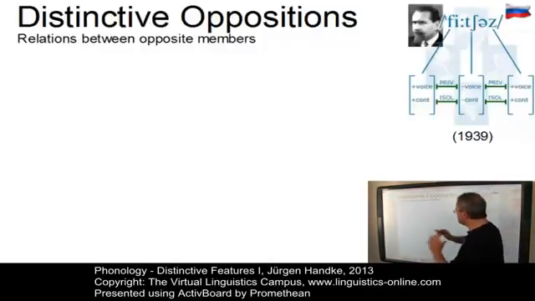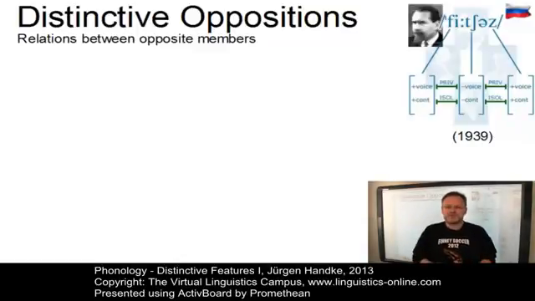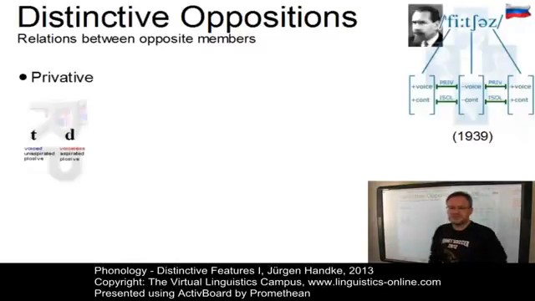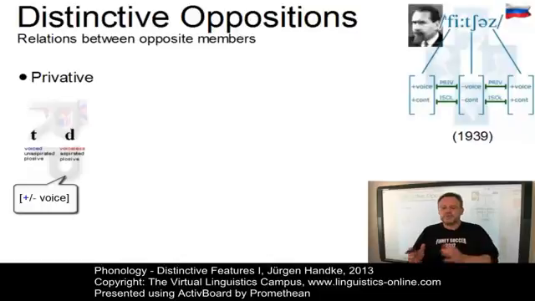Opposite members can also be defined in terms of their relation or their opposition. In privative oppositions, one member carries a phonetic property which the other member lacks. In other words, privative oppositions are relationships of the presence versus the absence of a feature, for example, voicing.